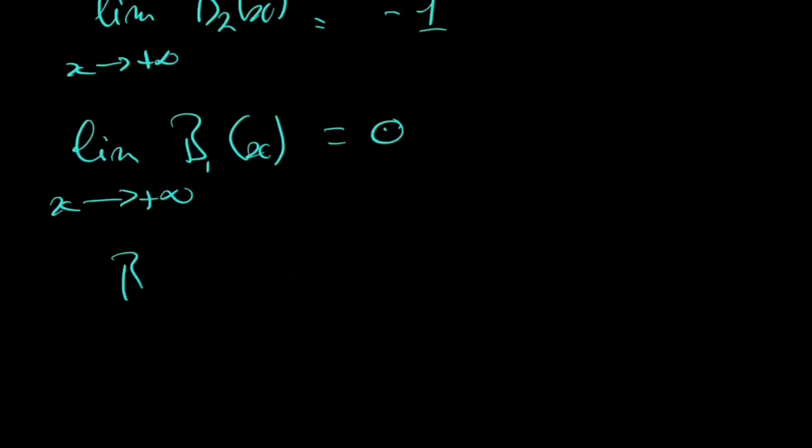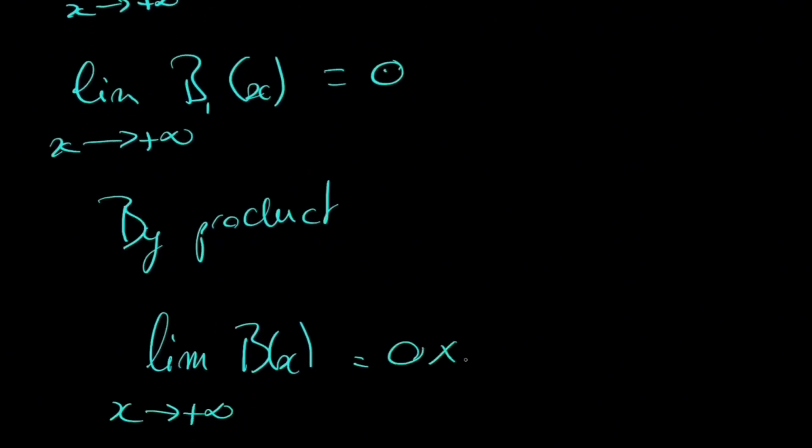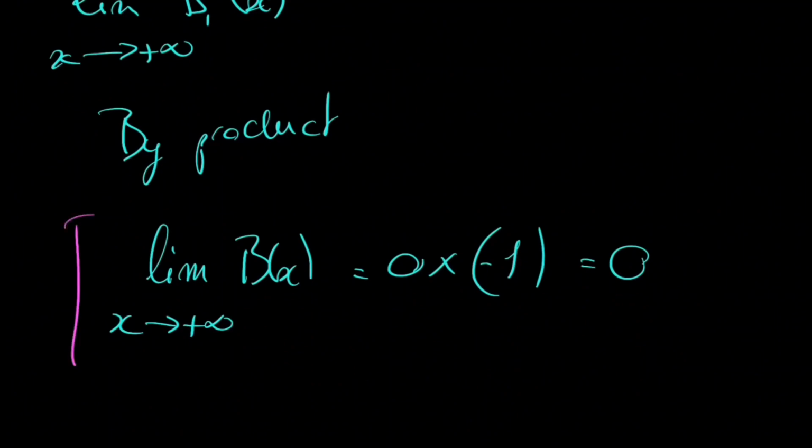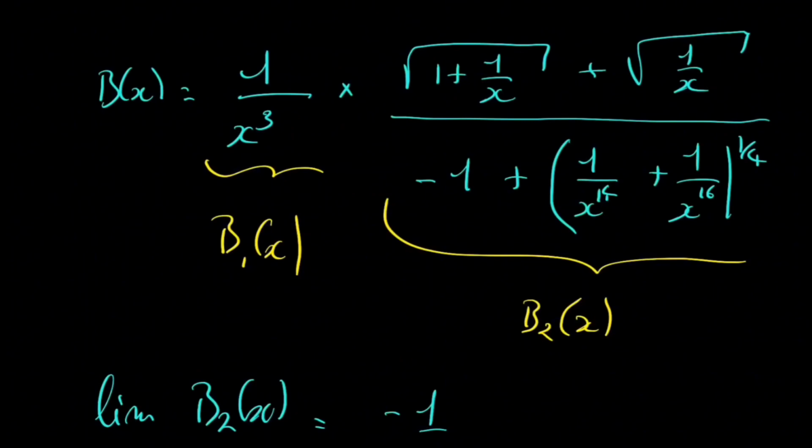By product, the limit of b of x when x tends to plus infinity is equal to 0 times minus 1, which is equal to 0. And we solved the second limit. This one was a bit of work to arrive at the final answer.